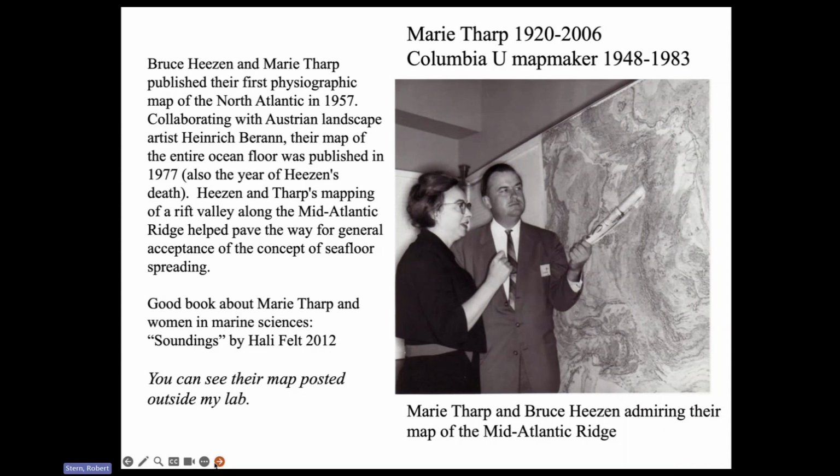And then they started collaborating with an Austrian landscape artist and published a map of the entire ocean floor in 1977. And when you go downstairs outside of my lab, you'll see two maps. One of them is their original map, and the other one is a more modern version of it next to each other.